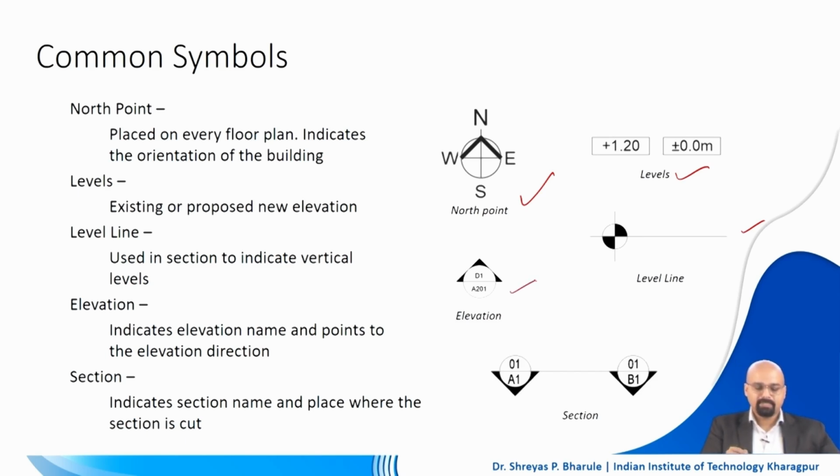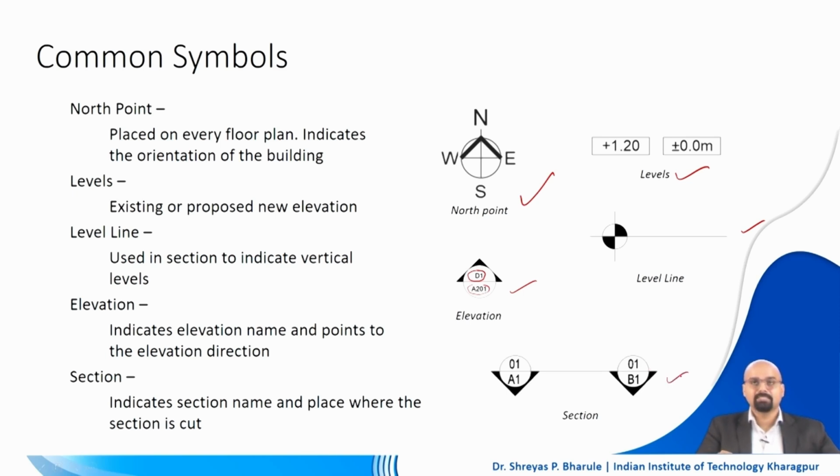Then there is an elevation pointing feature as well, or elevation indicator. So this indicates from which side you will be looking at the particular plan or the particular building to draw out the elevation. Typically here is where you write the elevation number and the sheet in which it has been represented, right. Similarly, here you have a sectional line.